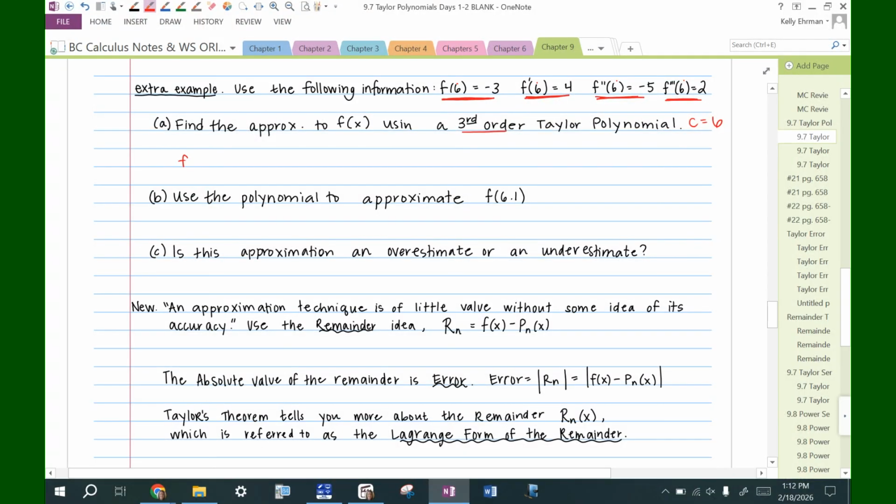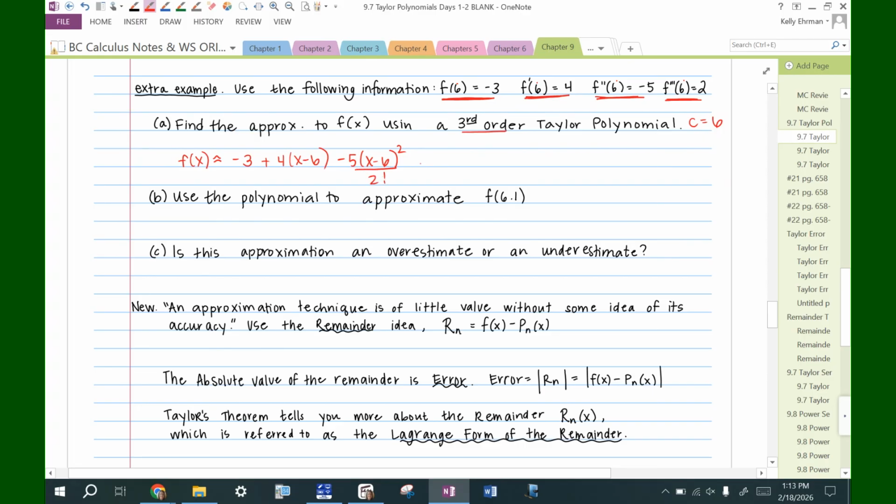So the way we do this is just saying f of x is approximately equal to, and you can write out the function notation if you want, but remember it's f of 6, so negative 3, plus f prime of 6, so plus 4, times x minus 6, because this is an x minus c situation. And then it would be plus f double prime at 6, but that's minus 5, so I'm going to write minus 5 times x minus 6 squared over 2 factorial.